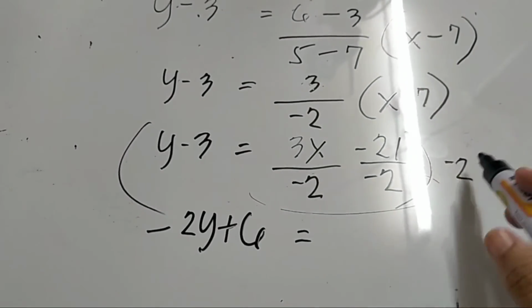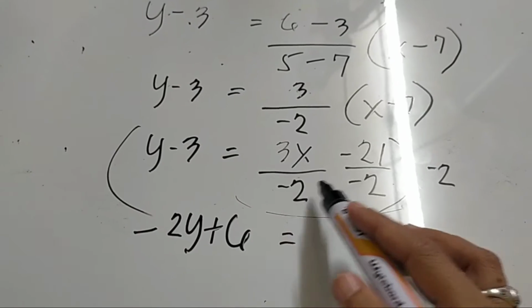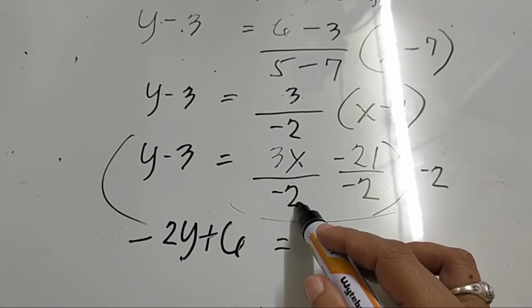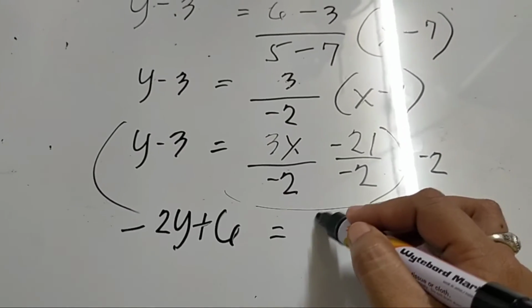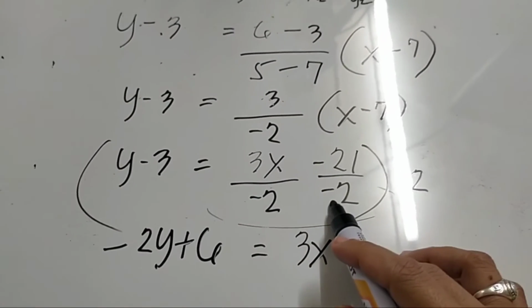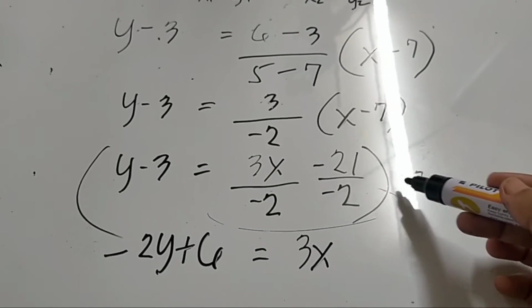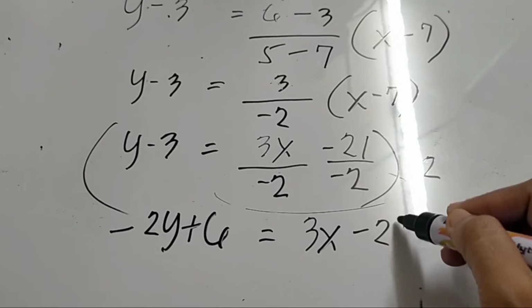This equals, what we do here, class, first is the denominator, right? So we divide it. Negative 2 divided by negative 2 is positive 1. Positive 1 times 3x is equal to 3x. Negative 2 divided by negative 2 is positive 1, and positive 1 times negative 21 is equal to negative 21.